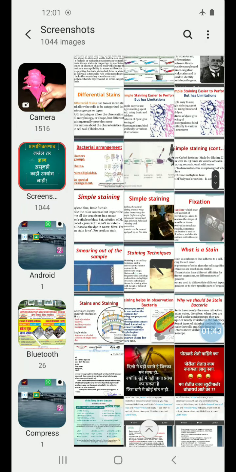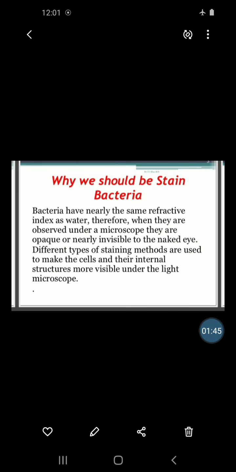So, what is the need of staining, and why should we stain the bacteria?